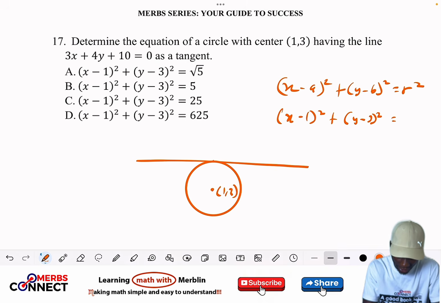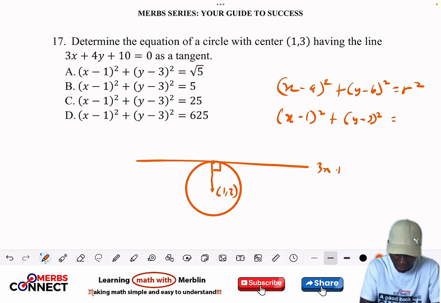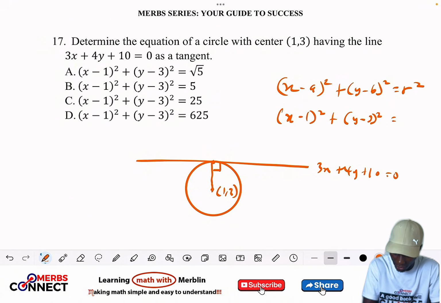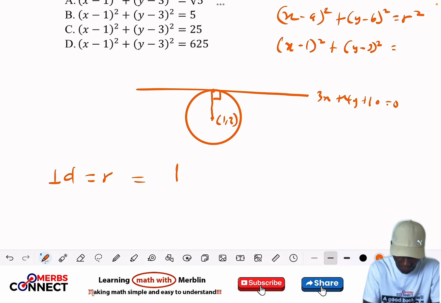So now remember, this is the tangent line, and this is the radius, but we can see that this is perpendicular to this. So for us to find this radius here, we need to use the perpendicular distance. And this is 3x plus 4y plus 10 is equal to 0. The perpendicular distance is the same as the radius, which is equal to the absolute value of ax plus by plus c divided by the square root of a squared plus b squared.